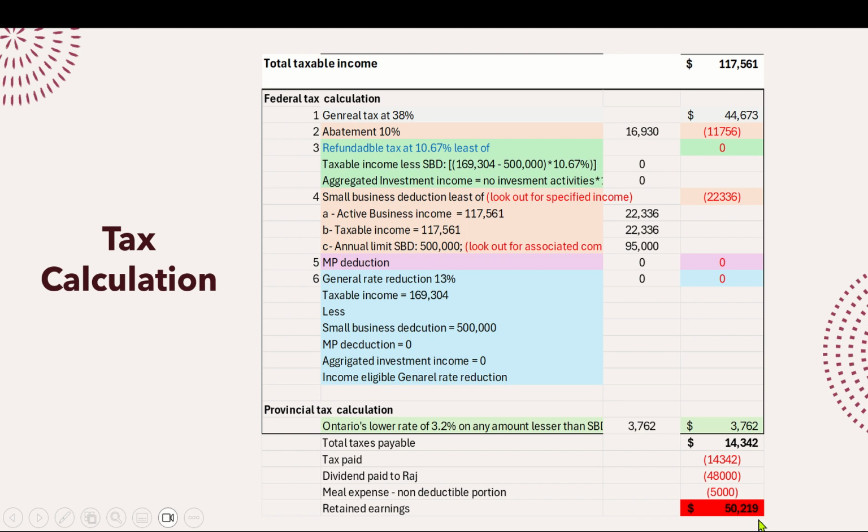So the retained earnings really, for the cash flow purpose, is $50,219. To be precise, it's $50,218. The opening balance had a retained earning of $1. This is something that I'll talk to you about later. It's a technical issue.